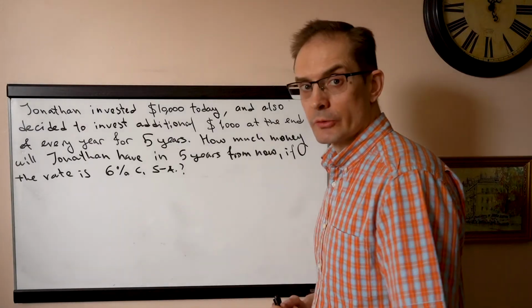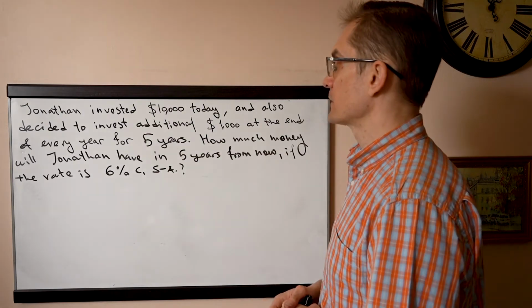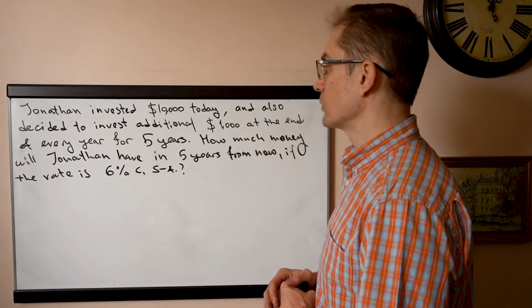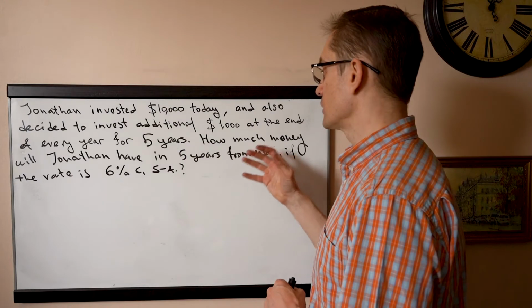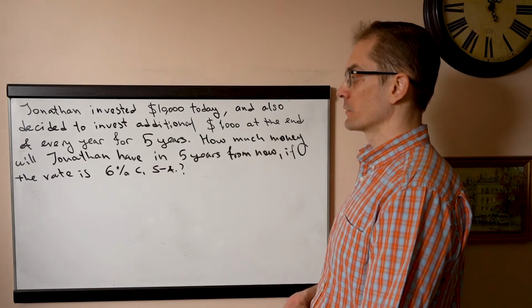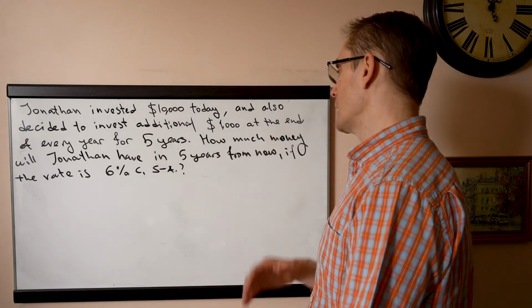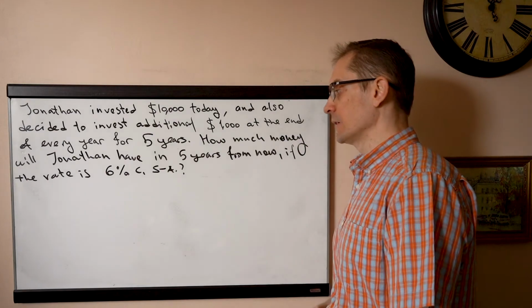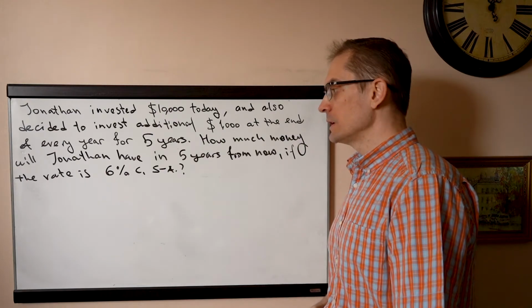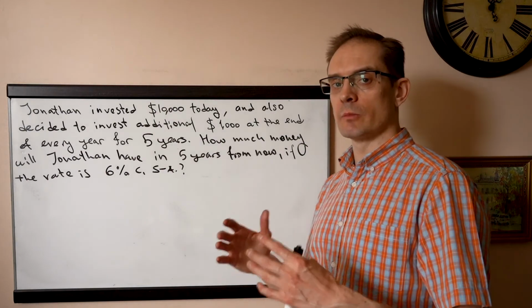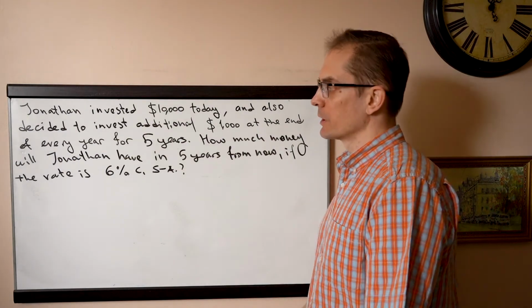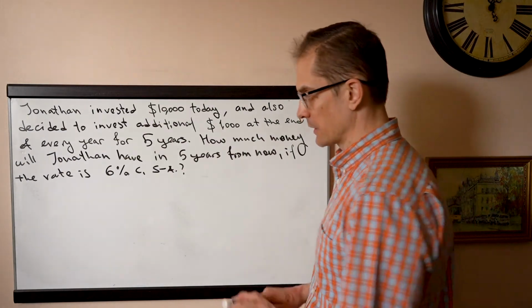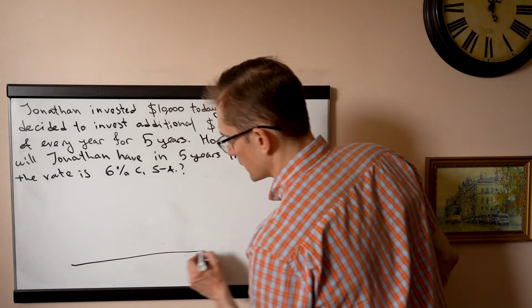So this problem reads, Jonathan invested $10,000 today and also decided to invest additional $1,000 at the end of every year for 5 years. How much money will Jonathan have in 5 years from now if the rate is 6% compounded semi-annually? So in this problem, what is happening is that you have a timeline, right?